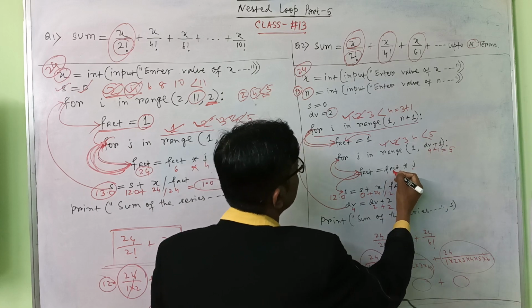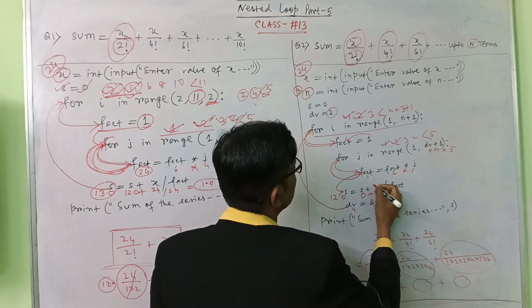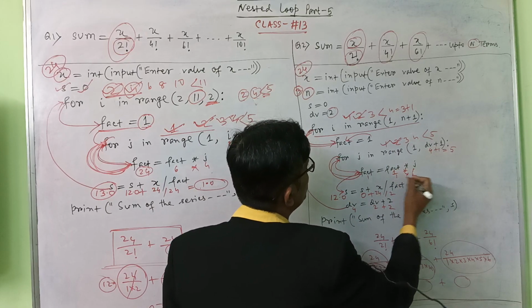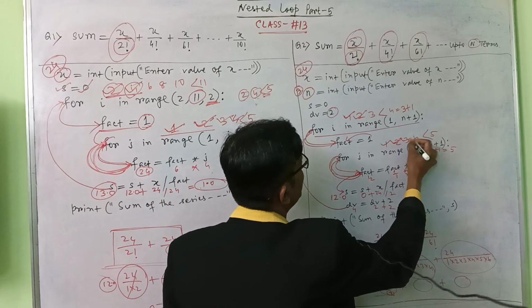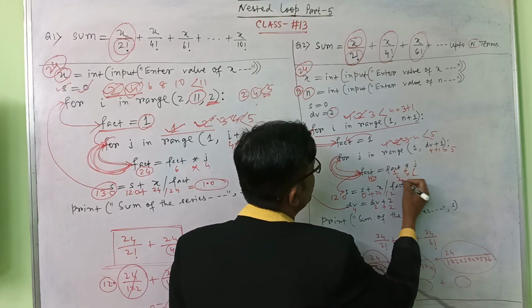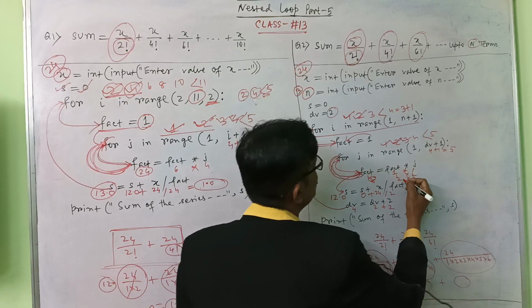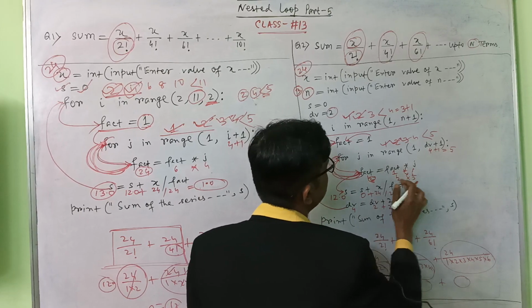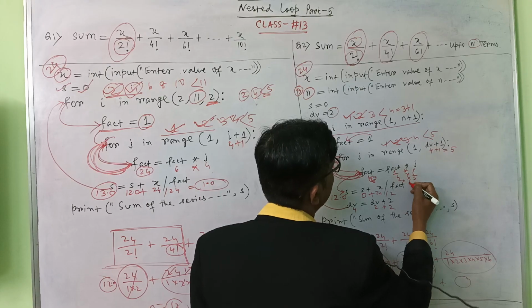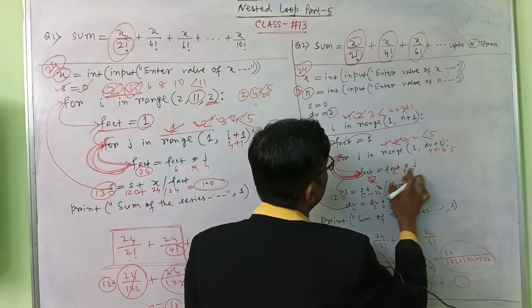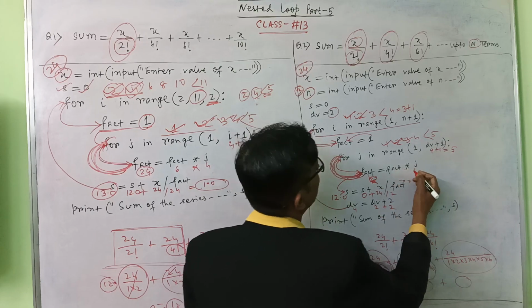So it is 1 into 1, it is 1. Then j will be 2, 1 into 2, it will be 2. j will be 3, so 2 into 3 is 6. Then j will be 4, so 6 into 4 is 24.